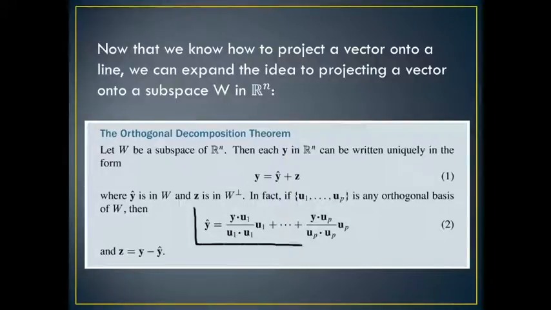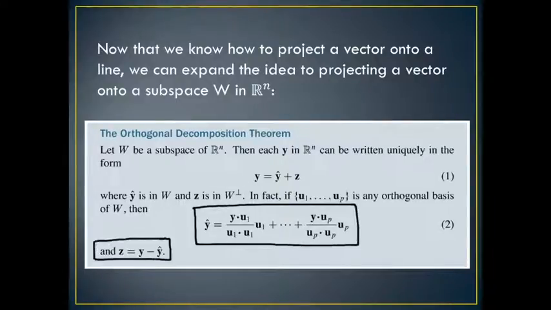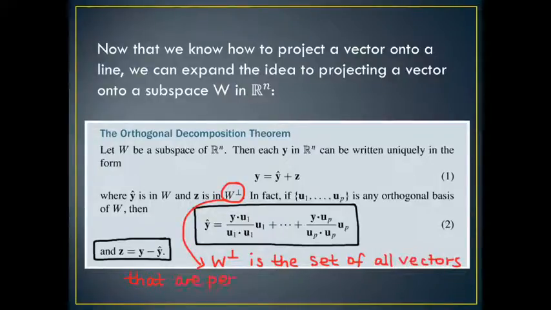So here are our two formulas that you will need to write down and remember in order to do the homework for this section. And then just a notation thing, W with the perpendicular sign is the set of all vectors that are perpendicular to W. So that's what that notation means.